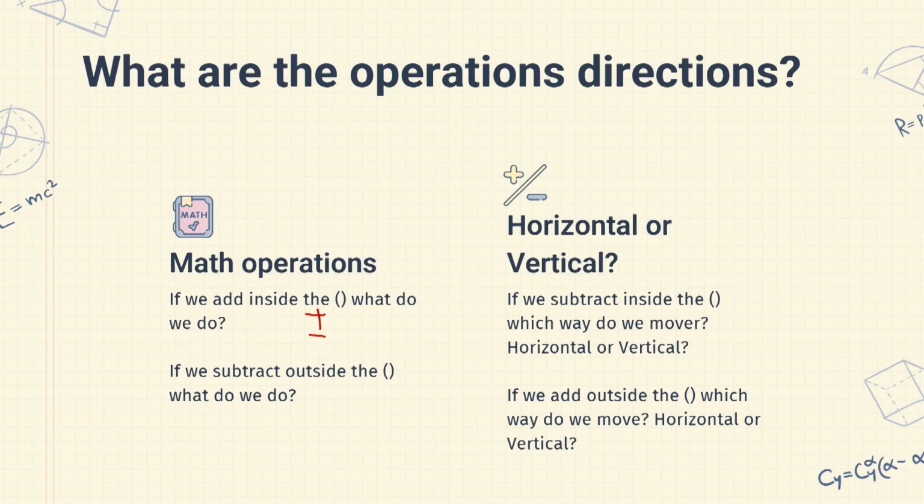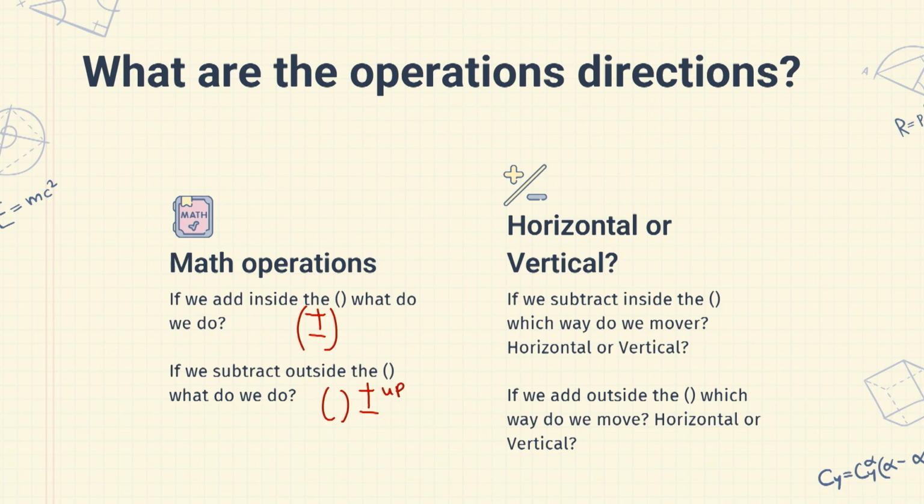When I am subtracting outside of the parentheses, or if I'm adding outside the parentheses, that's going to look like this. I'm going up and down. So when I am adding inside the parentheses, I am going left. When I'm subtracting inside the parentheses, I'm going right. When I am adding outside the parentheses, I'm going up.